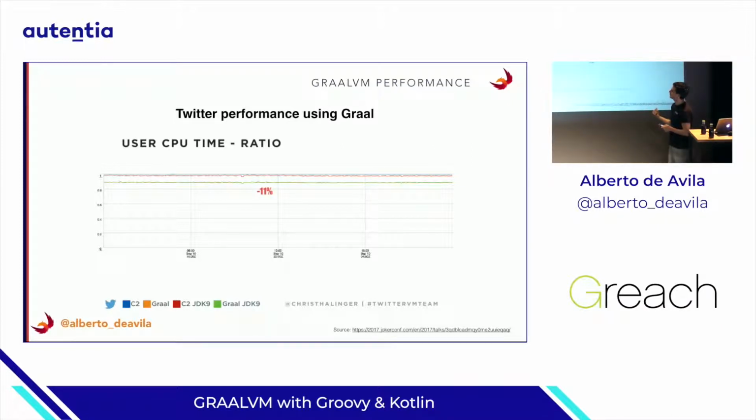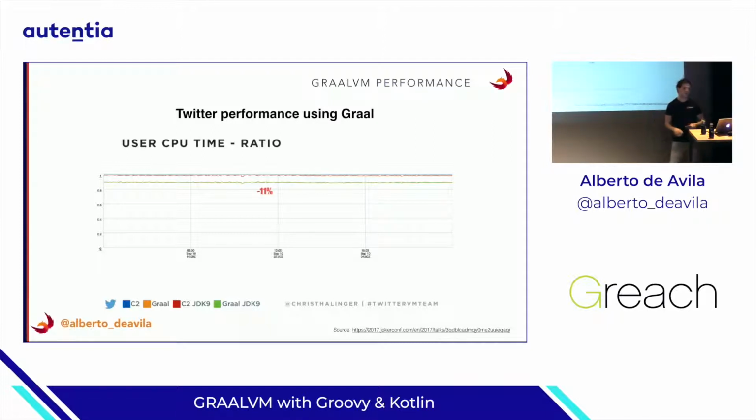This is a graph from the presentation of Chris Thalinger or something, from the Twitter engineer team, explaining that they are using Graal in production now, and they are obtaining more than 10% better performance than using JDK 9.